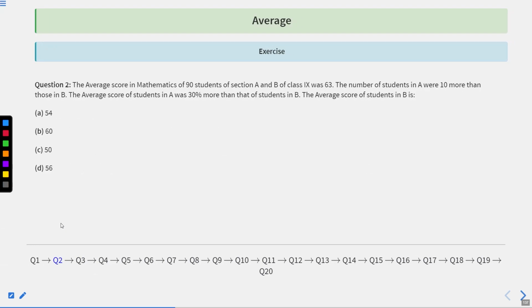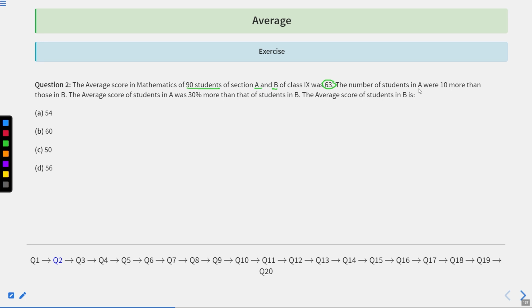Let us move on to question number 2. The average score in mathematics of 90 students of section A and B of class 11th was 63. So there are 90 students which are divided in section A and B, and their average score of mathematics is 63.